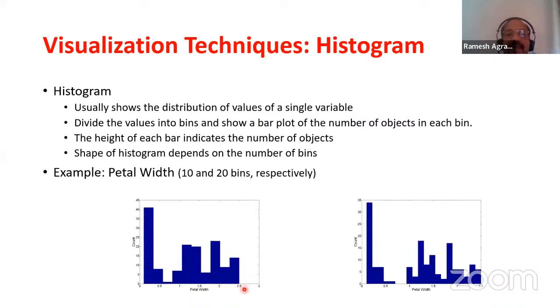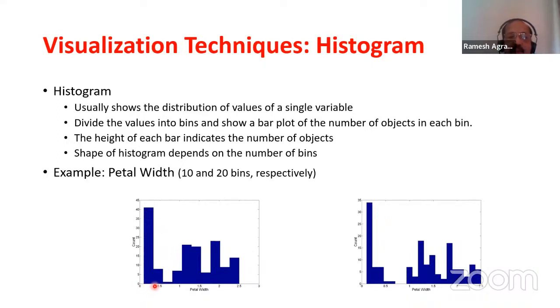So you can see that I have drawn this histogram where petal width takes various values among these 150 samples. It is showing the frequency of each one of the values. Okay. So if the value lies between 0 and 0.25, what is the frequency?